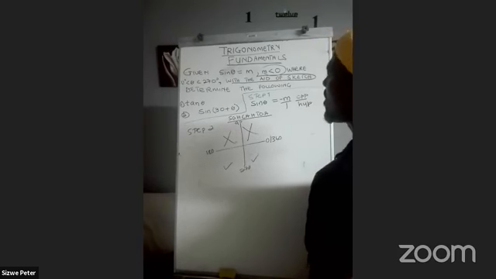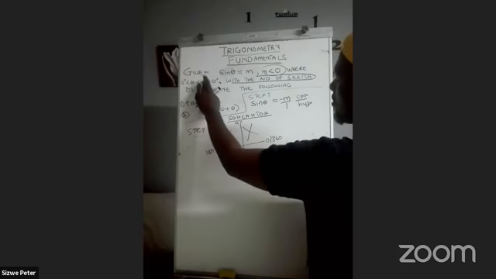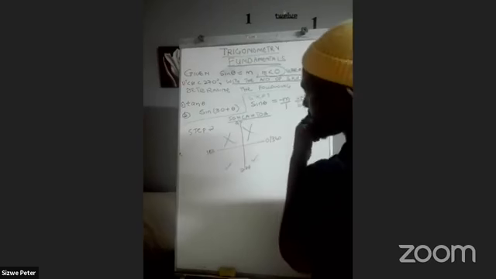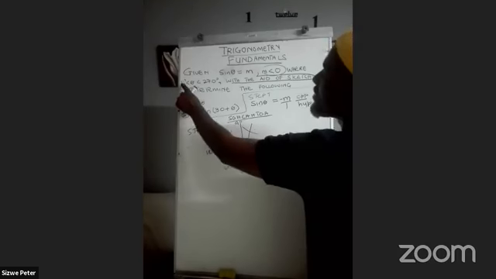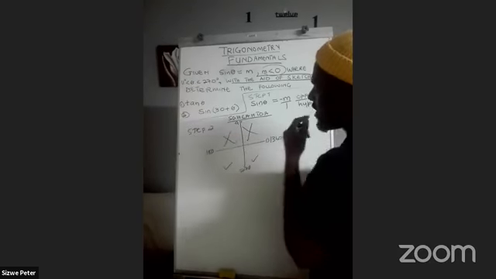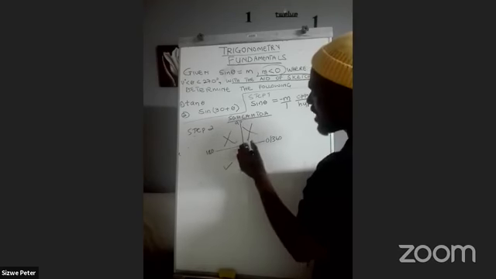Now, let's go to our restriction. Theta must be between 0 and 270. That means I cannot exceed 270.